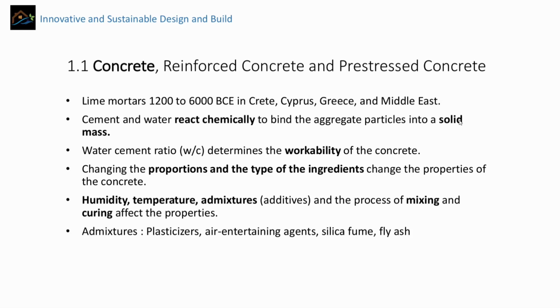The type of ingredients basically means the type of cement that we use, and the water, and it's recommended that we use clean water. But if the water has chemicals or any other elements, then it also affects the desired properties. Finally, the properties of the aggregates are very important. When we come to the aggregates, the types of the aggregate and the size of aggregates are very important factors.